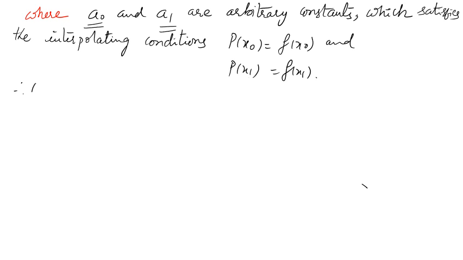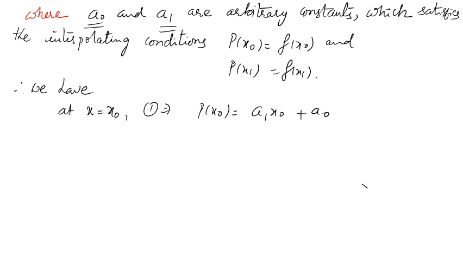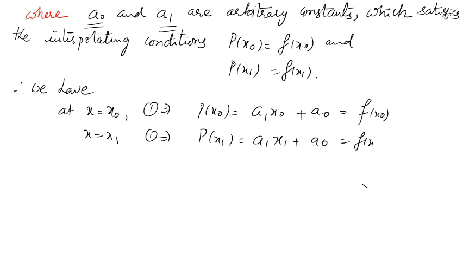Therefore we have, at x equal to x0, equation 1 implies P of x0 equal to a1 x0 plus a0. At x equal to x1, equation 1 implies P of x1 equal to a1 x1 plus a0. And P of x0 is f of x0, and this is f of x1.